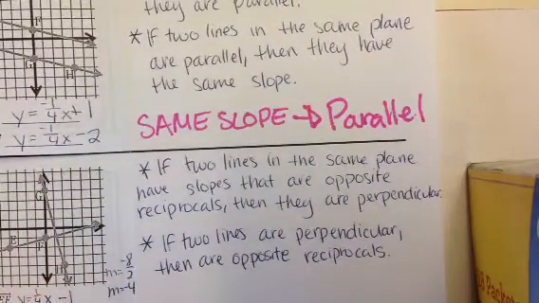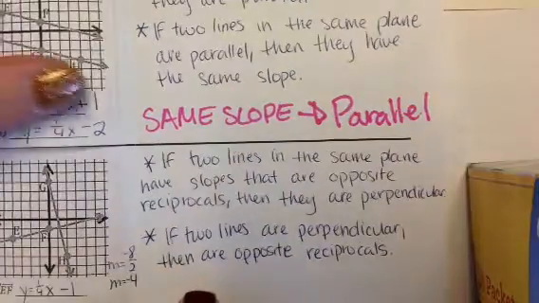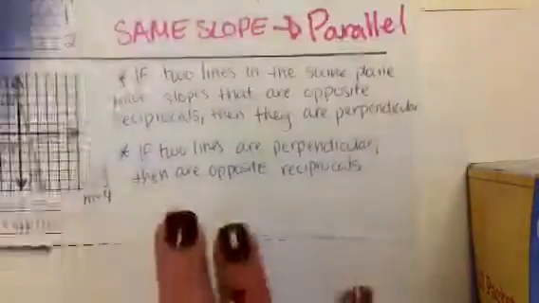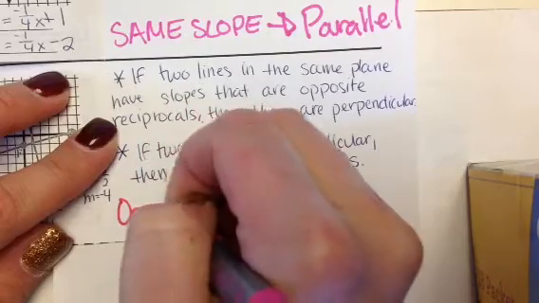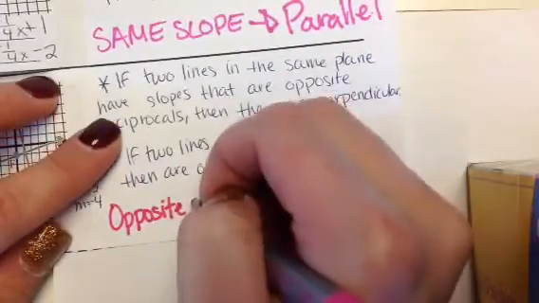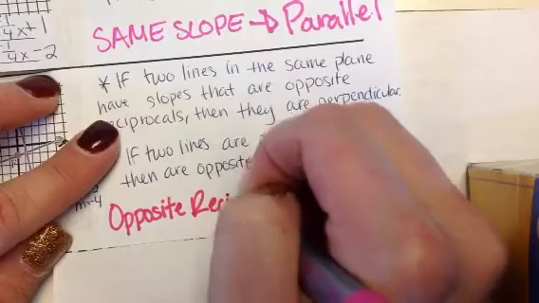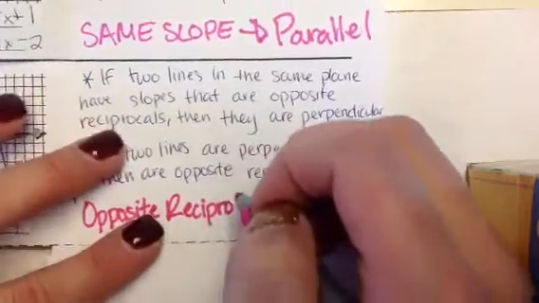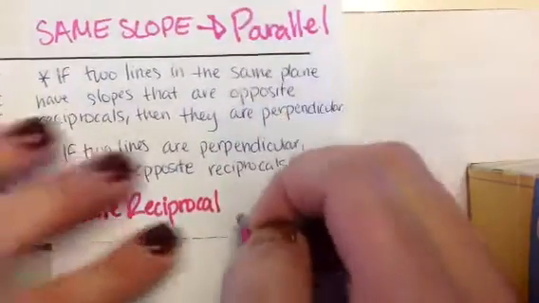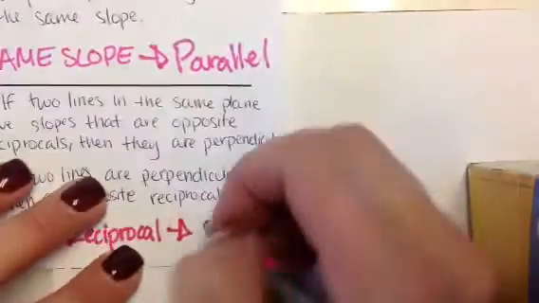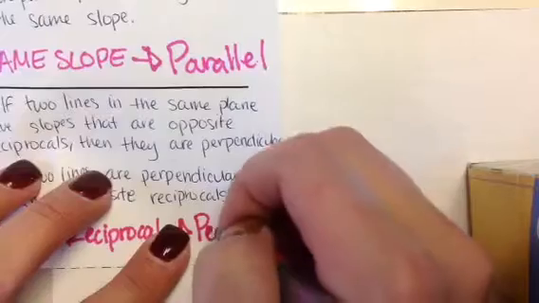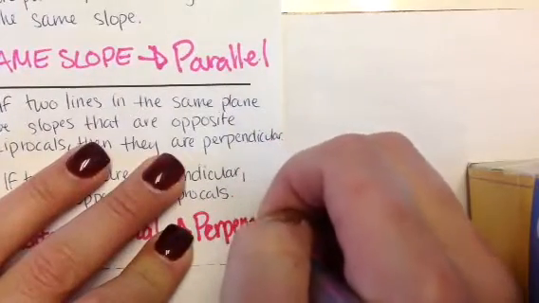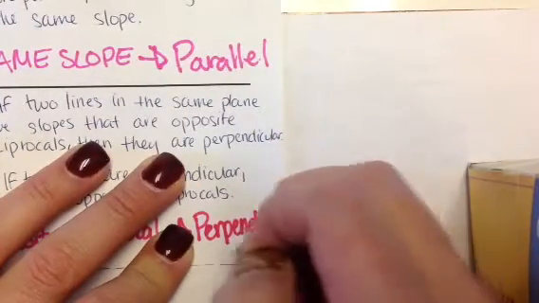So the big thing to remember is opposite reciprocal goes to perpendicular. I'm going to run out of room.